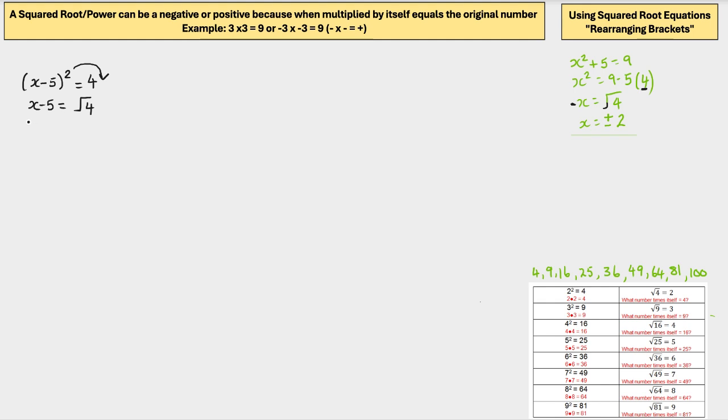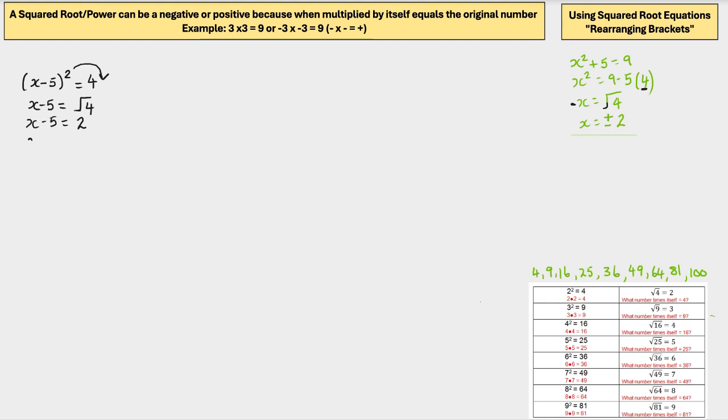So we know that the square root of 4 is 2. We should know it by now anyway. You can have a little look at the chart down there. Now what do you think we're going to do? We're going back to basic algebra. Really basic algebra. If you don't know it, look at my video.